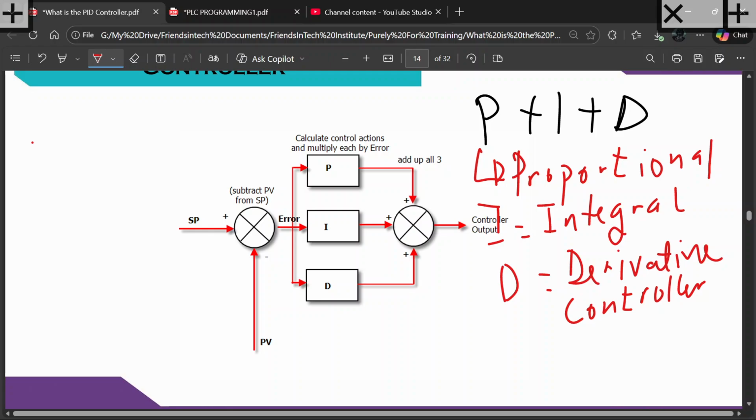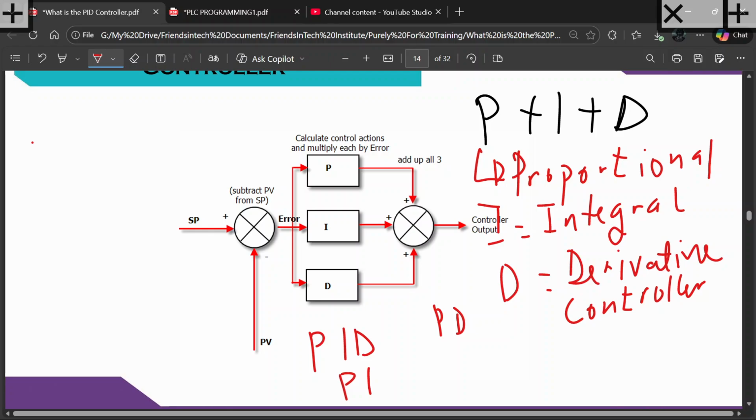So if you decide to use all those 3 controllers, then you come up with PID. If you decide to use P and I, then you come up with PI controller. If you decide to use P and D, then you come up with PD controller. So you can have PID, PI, and PD.